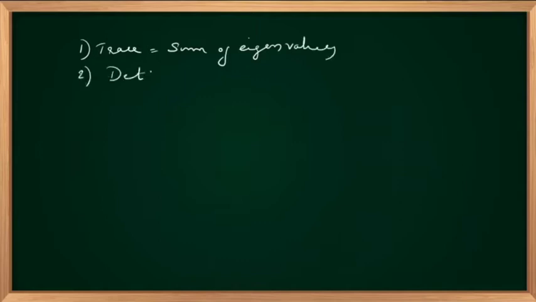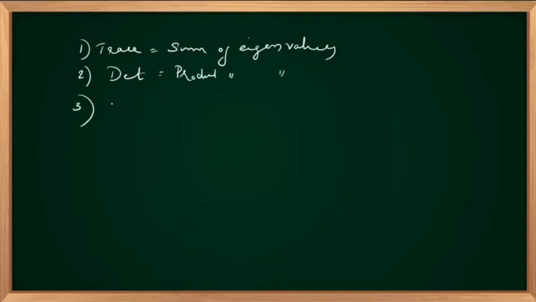First property was, the trace is equal to the sum of eigenvalues. Then the second property was, determinant is equal to the product of eigenvalues, right?